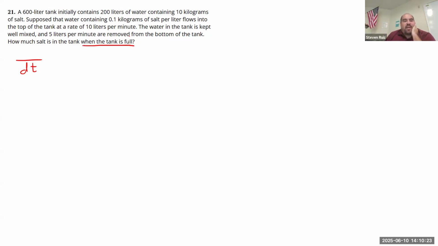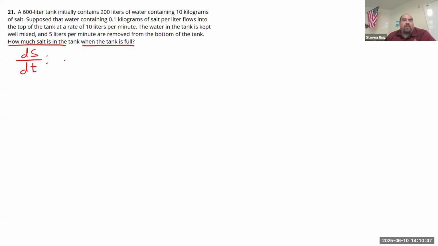So we should probably control for time, and accordingly, how much salt is in the tank. So I think because of that, I should control for the rate of change of salt over time.